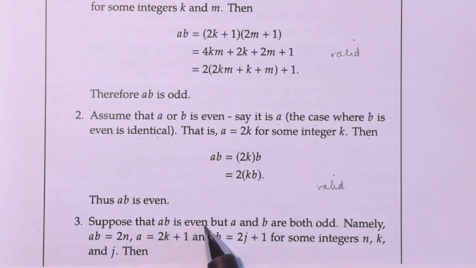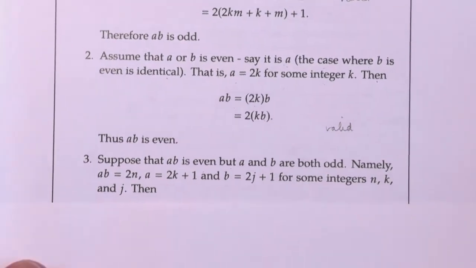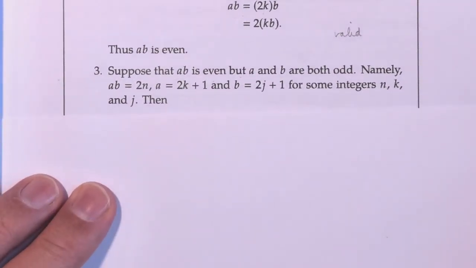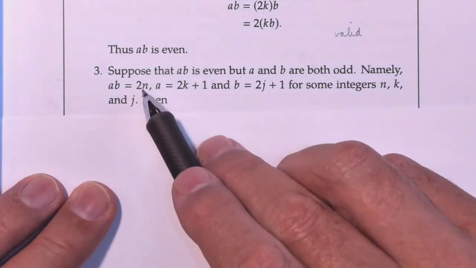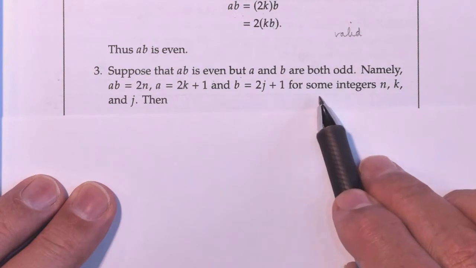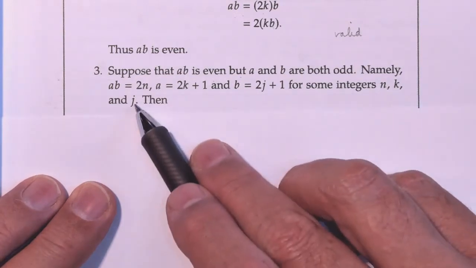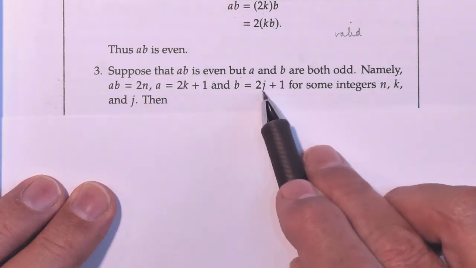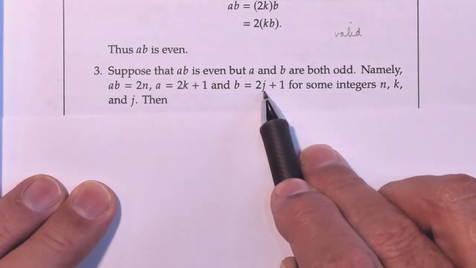The next one. Suppose that AB is even, but A and B are both odd. Okay? Namely, let's go down a bit. AB is an even number, but A is odd and B is odd for some integers n, k and j. Now you brought in those, so you've got to define them properly.